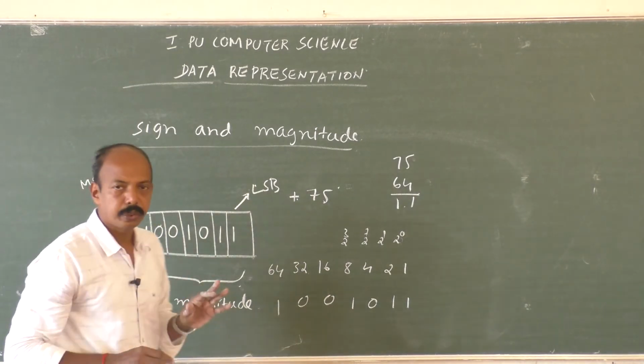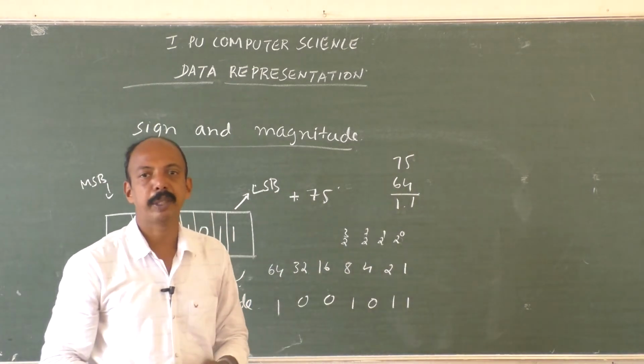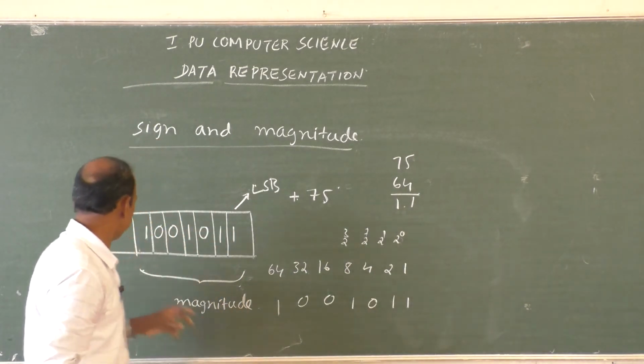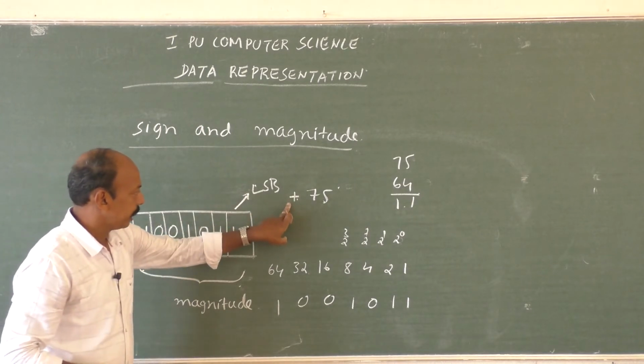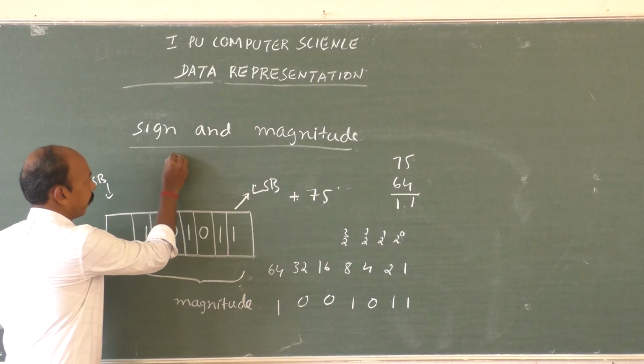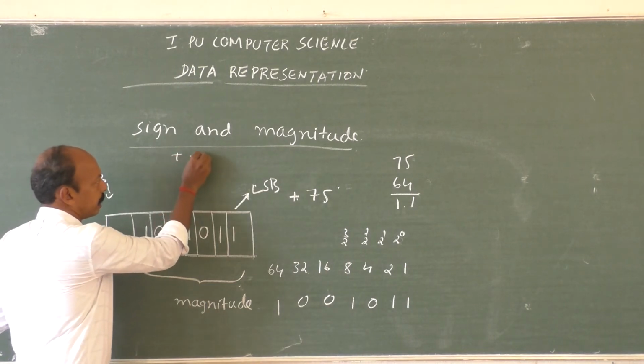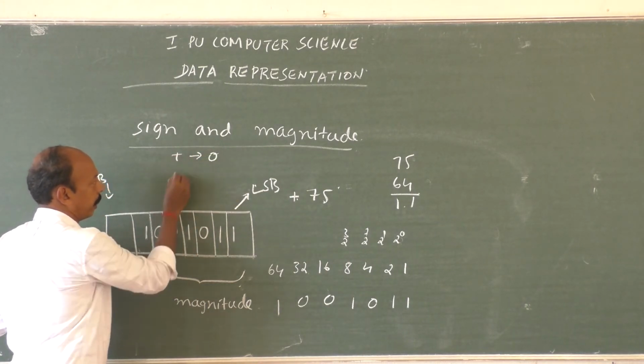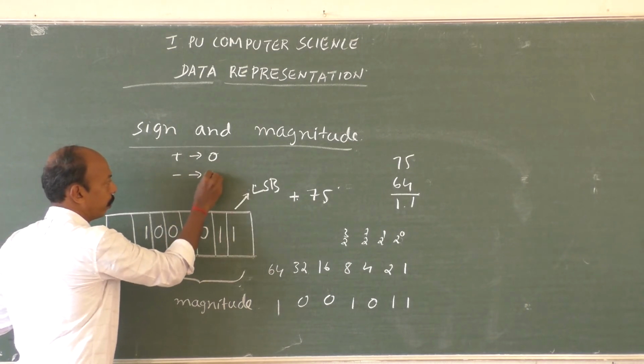MSB is used to represent the sign with respect to 8 bits. That's why now we are going to take plus 75. Already we have seen plus is 0, minus is 1.